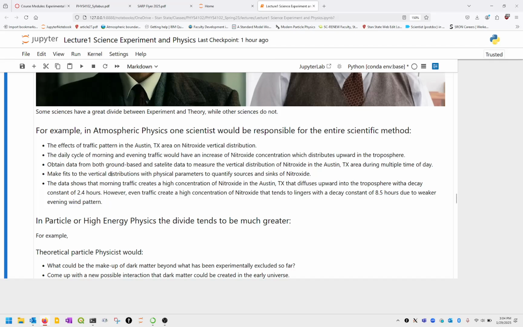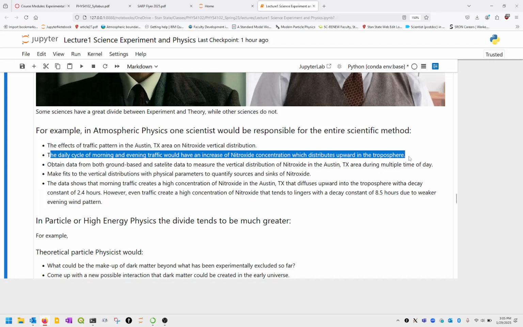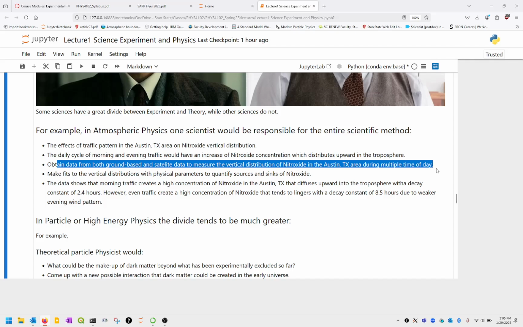So let's go through this. This first step is what again? Remember? The observation of the question. This second step is the hypothesis. And then this third step is, what's after hypothesis?